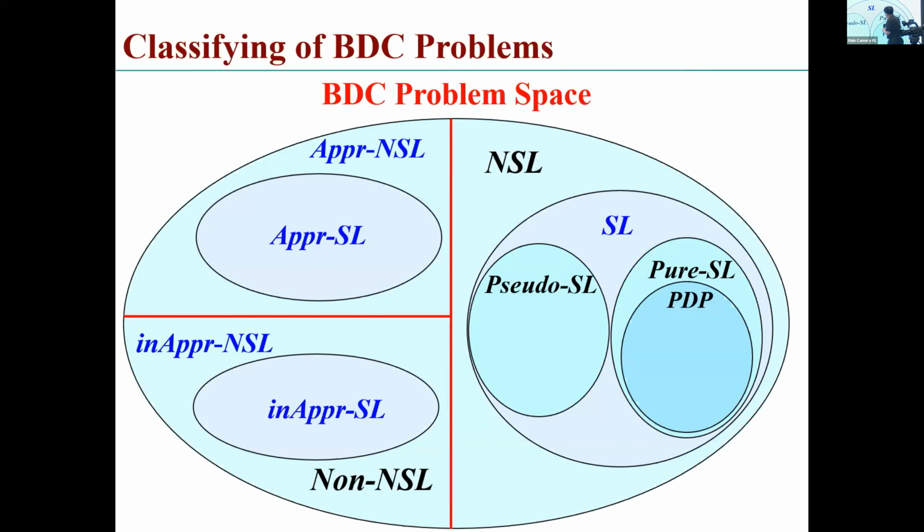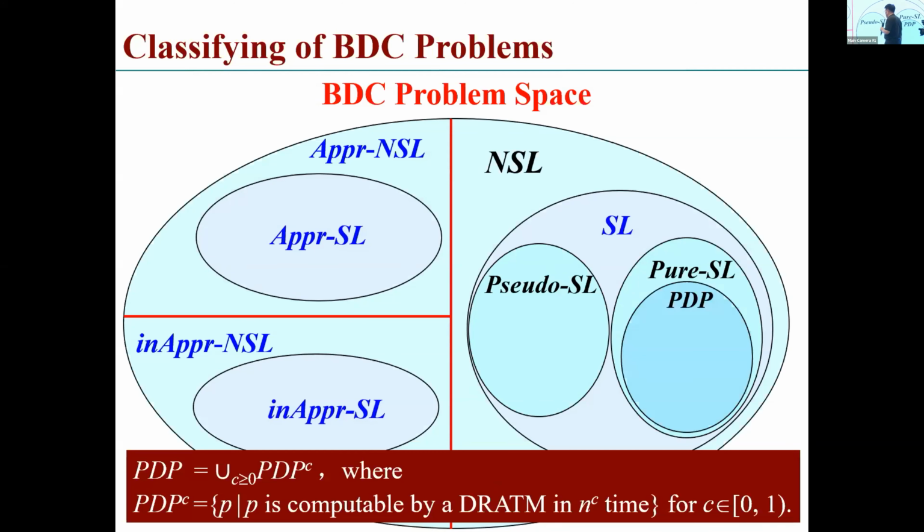Then in this class, we still have a special subset called PDP. What is PDP? PDP is the union of all the PDP_c for c greater than 0. PDP_c includes all the problems that are computable by a DRATM in n to the power c time for c in 0 and 1.